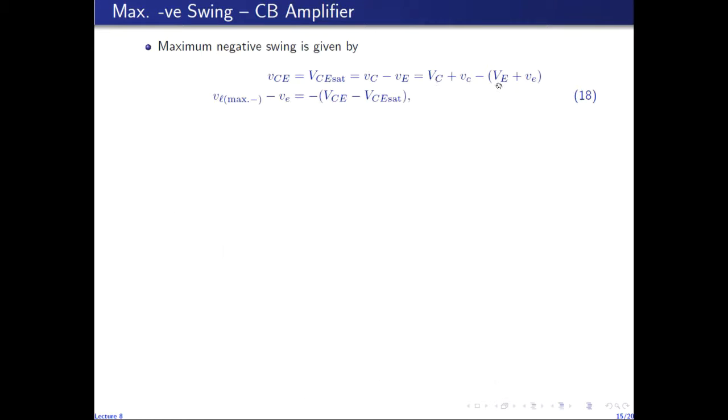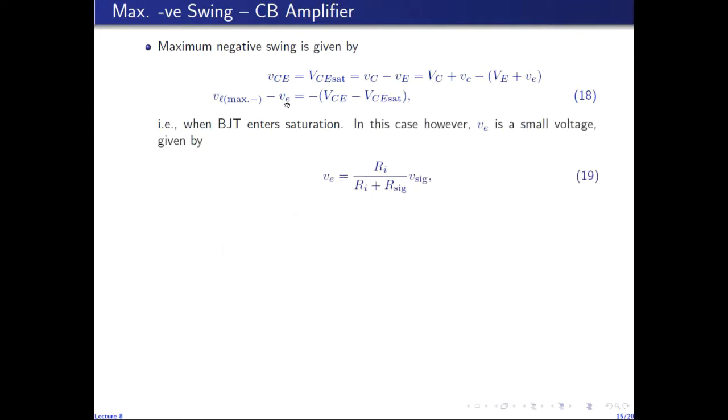VC minus VE, the DC quantities, make VCE, which is taken to the other side. So we get minus of VCE minus VCE sat. And this is the expression for VL max negative, which is obtained when the device enters saturation mode. So this holds when the device enters saturation mode.